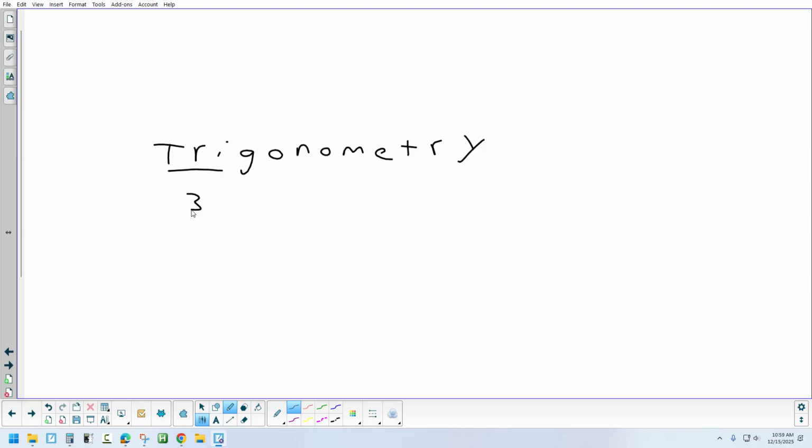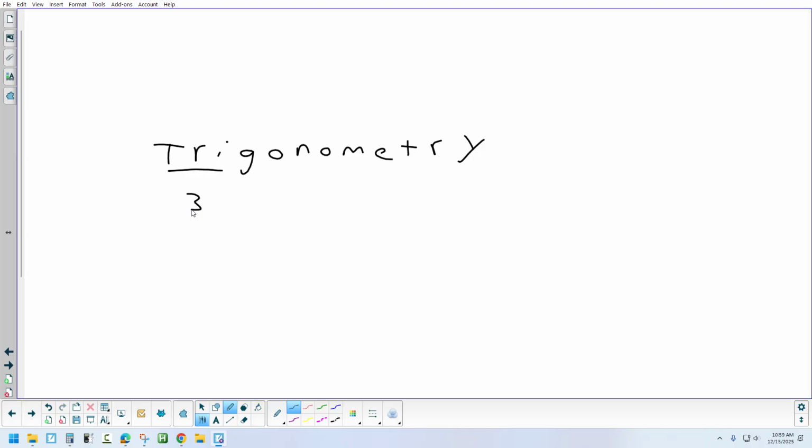Okay, so that suffix metry, that means something. Anybody know what that means? Is it like the study of it or something like that? Not study of. Study of is ology, like biology, psychology, things like that.